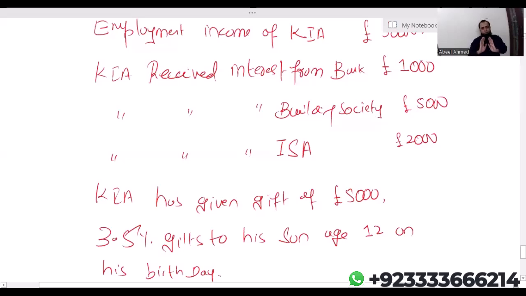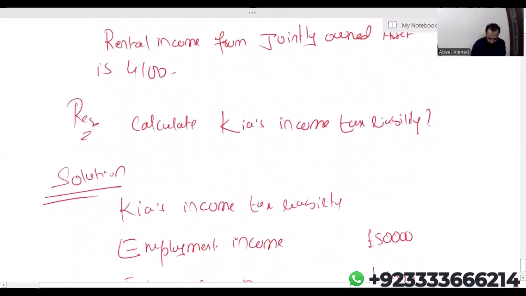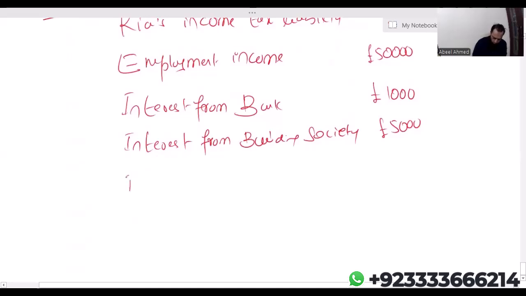But let me repeat, you just need to know one thing. Interest income coming from ISA is exempt. It will be mentioned in the question if income is coming from ISA. Like in this question. So how will you write? Let me show you. Interest income from ISA, you have to mention in your answer, it is exempt.